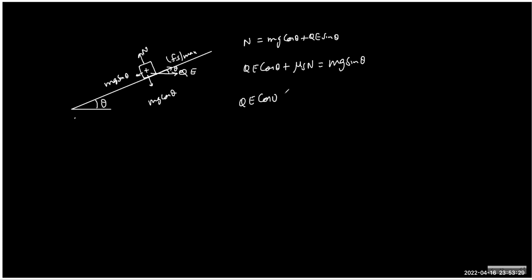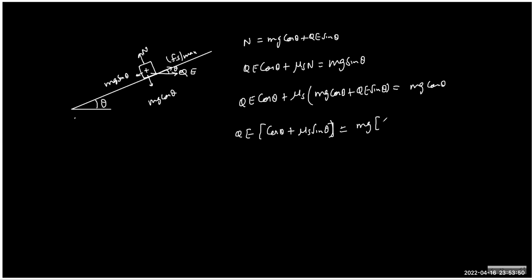So QE cos theta plus mu s into (mg cos theta plus QE sin theta) is mg sin theta. So QE into (cos theta plus mu s sin theta) is mg sin theta minus mu s mg cos theta.